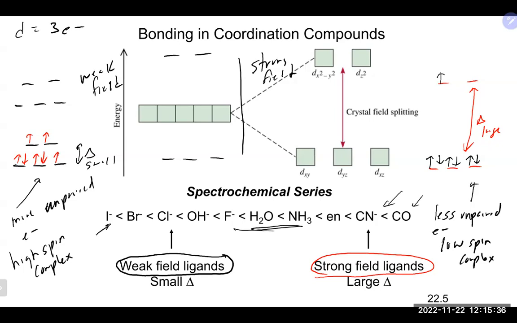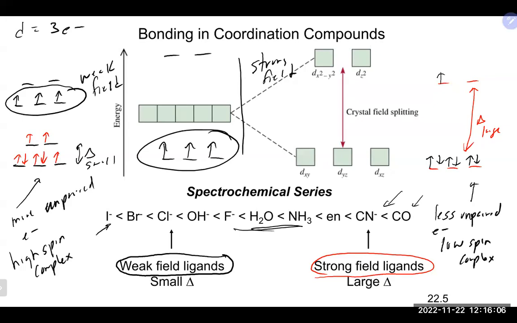If I did 3 electrons for my weak field, I'm going to end up like this. And if I did my 3 electrons for my strong field, I'm going to end up like that. The one on the left has 3 unpaired electrons. The one on the right has 3 unpaired electrons. So sometimes it actually will not make a difference which one you do. And sometimes they will not give you directions on some of those because it really doesn't matter which way you do it. You will come up with the same answer.